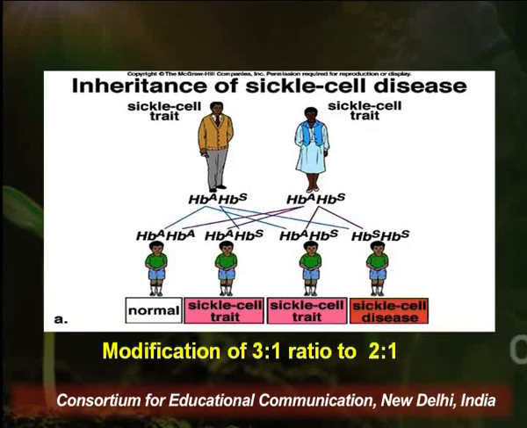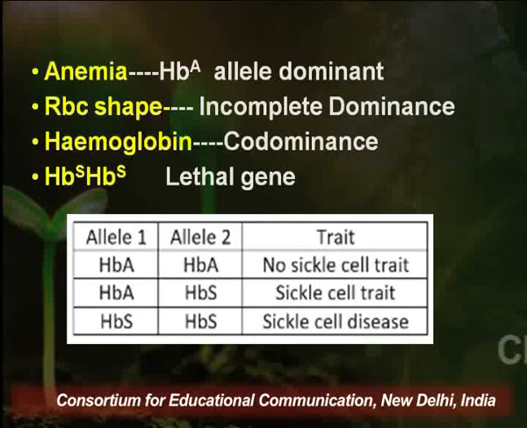Two parents who are carriers could produce 1 normal child out of 4, 2 carriers and 1 sickle cell anemic. What we wish to drive home here is that as far as anemia is concerned, the HbA allele is dominant. As far as RBC shape is concerned, it shows incomplete dominance, because in HbA HbS we find a sickle cell trait, and as far as hemoglobin is concerned, it shows codominance.